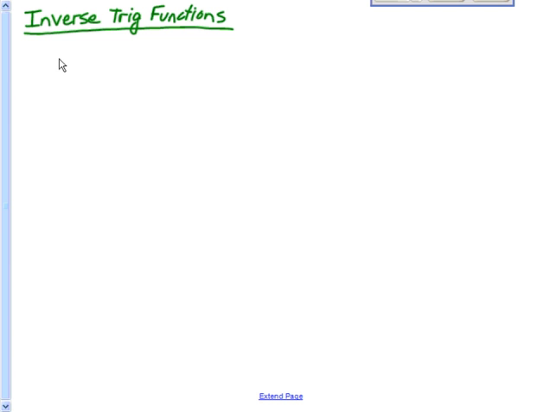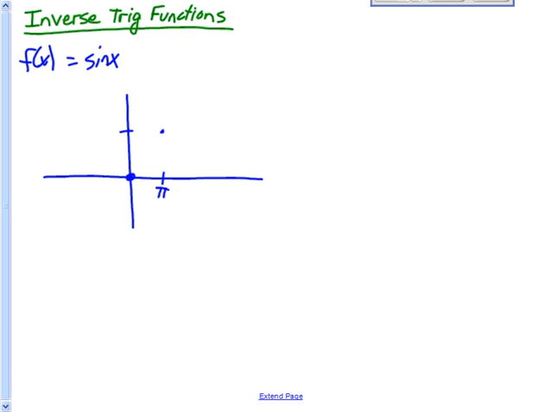So let's think about initially, if you recall, the old sine function. Let's talk about f of x equals the sine of x. Sine of 0 is 0, sine of pi halves is 1, sine of pi is 0, sine of 3 pi halves is negative 1, sine of 2 pi is 0.